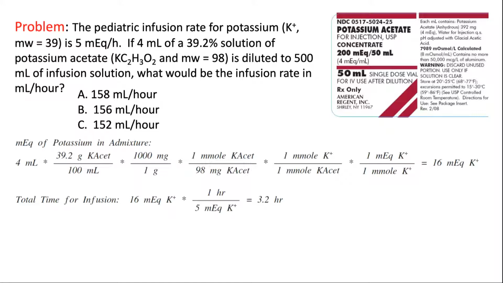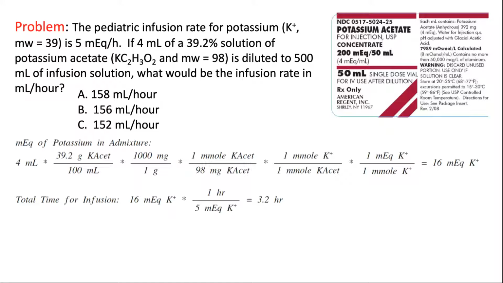So let's convert our bag from the amount of potassium in the bag to the length of time that bag will last. Let's take the 16 milliequivalents in the bag and multiply it by the infusion rate expressed as, for every 1 hour, we are going to pump in 5 milliequivalents of potassium. That came from the question. That's why we determined the milliequivalents of potassium, so we could determine the length of time this bag will last.